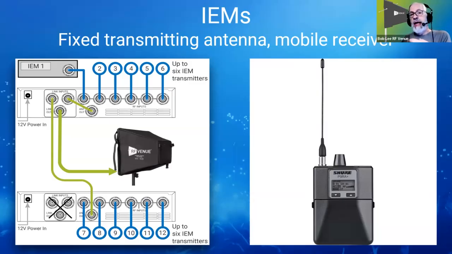So the design goal of any IEM system is to use only one transmitting antenna. Just like with receiving, we want to minimize the number of antennas, so we don't have antenna farms. We just want one diversity pair. With in-ear monitors, we just want to have one antenna. And so that requires an in-ear monitor combiner, like we see here on the left.